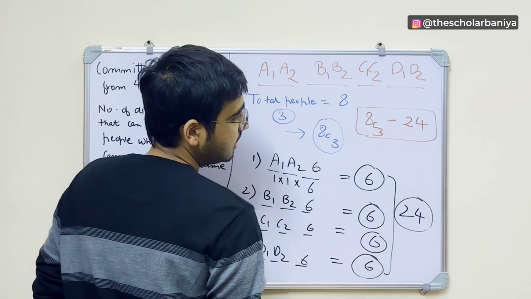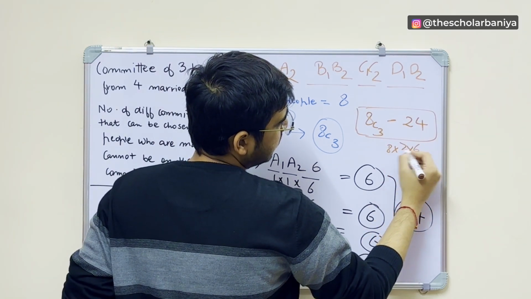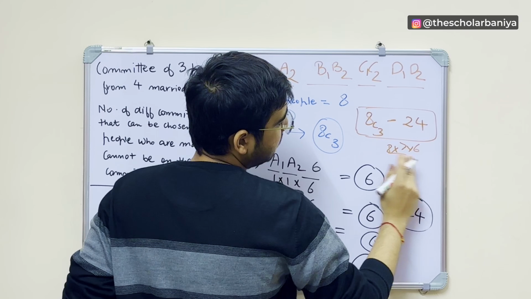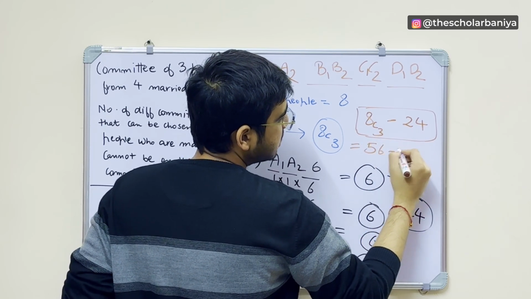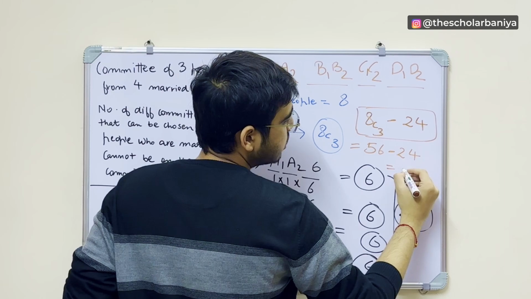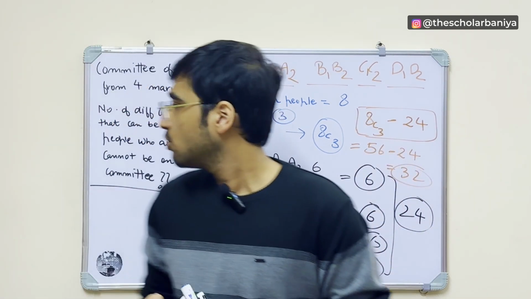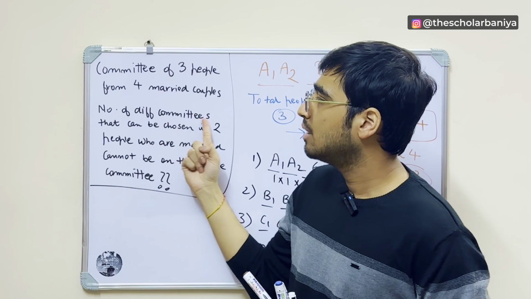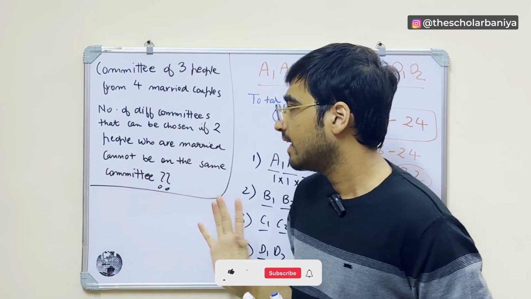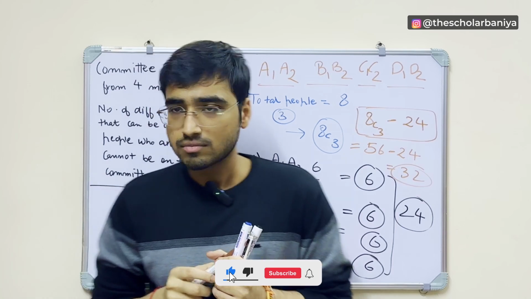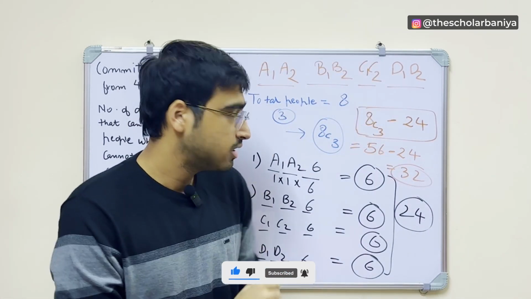So what is 8C3? 8C3 is 8 into 7 into 6 upon 3 into 2, which is 56. So this becomes 56 minus 24, which is equal to 32. So 32 becomes your final answer. So there are 32 different committees in which two people who are married cannot be on the same committee. So your answer becomes 32.